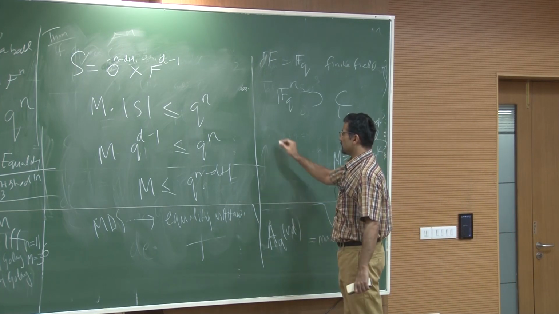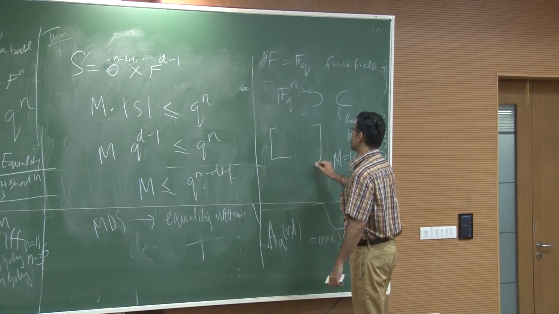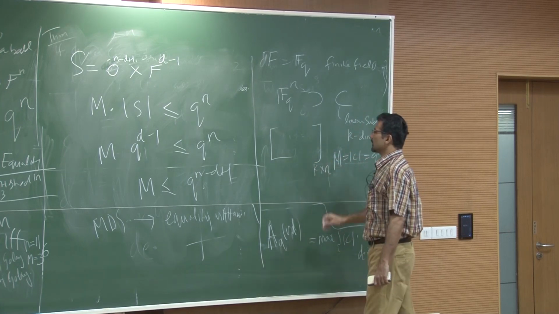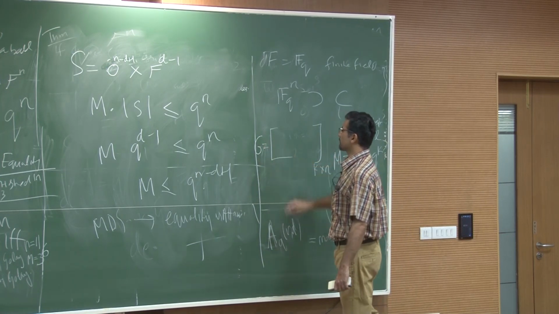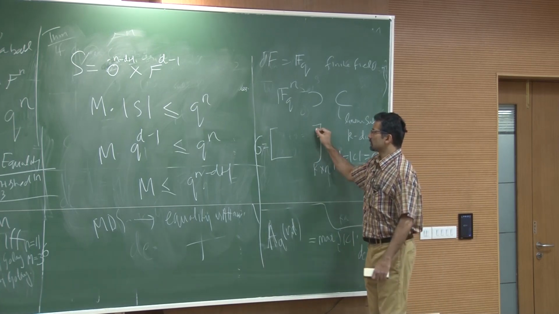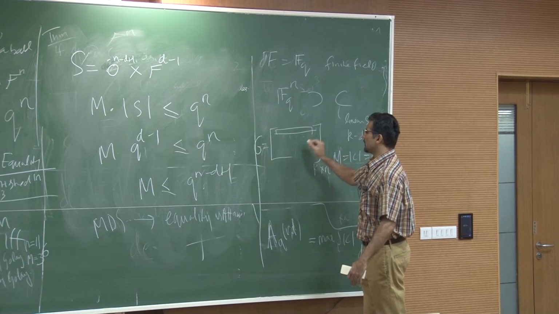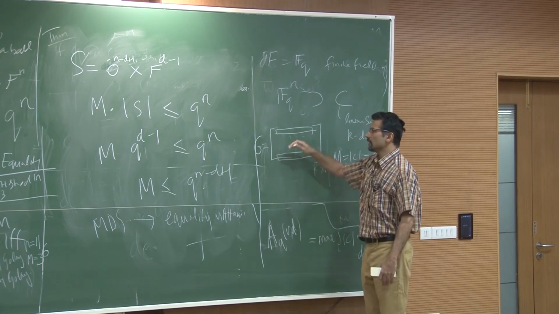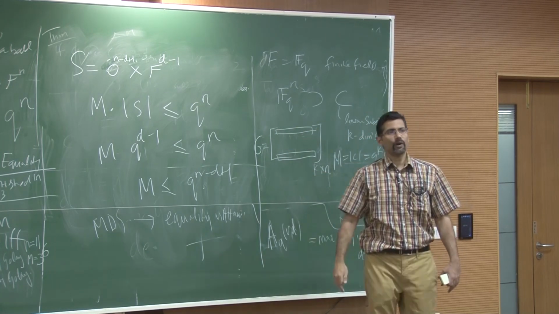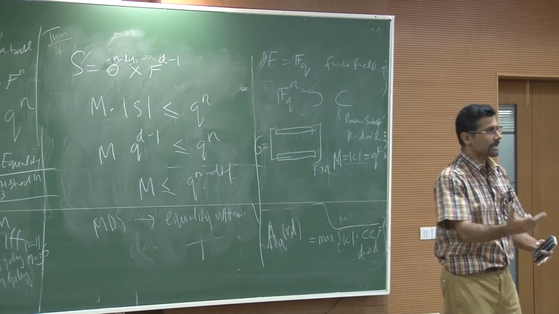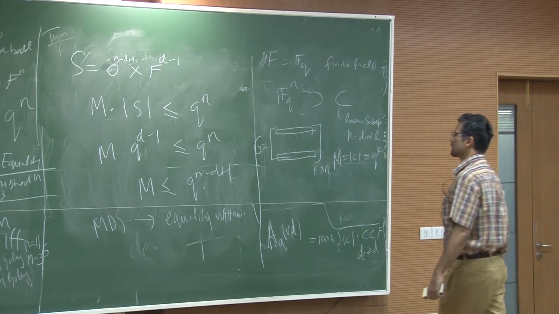So what's the advantage of a linear code? You can look at a matrix G whose rows, so we are writing words horizontally, okay? So you can look at a matrix of size k by n whose k rows form a basis for this subspace. If you have a k dimensional space, you can find a basis.